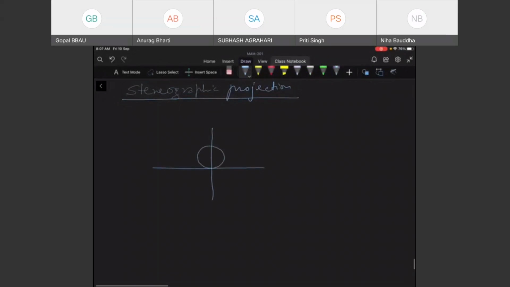Okay, a circle centered at, say, this point (0, 1/2) with radius 1/2. Or you may magnify it, and take this center as (0, 1) and this north pole as (0, 2). So the diameter is 1, radius half.